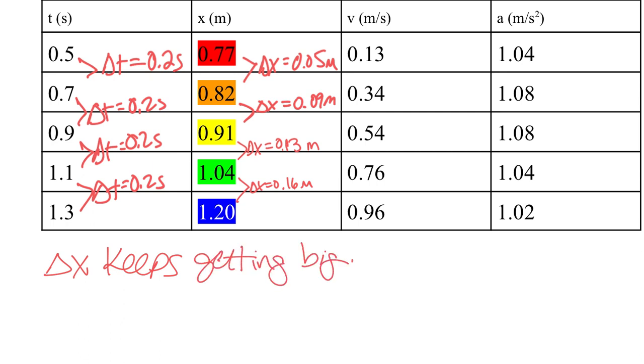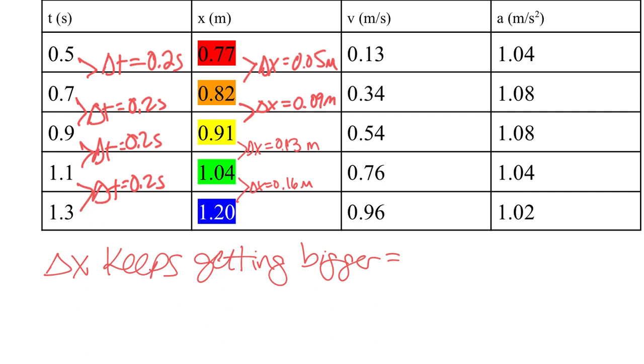What do you think that means in other language? How could you describe that? That the delta x, which is displacement, keeps getting bigger. Increasing, okay. How else could we phrase that? What do you think, August? It's accelerating. In your normal everyday life, you feel like this is accelerating.